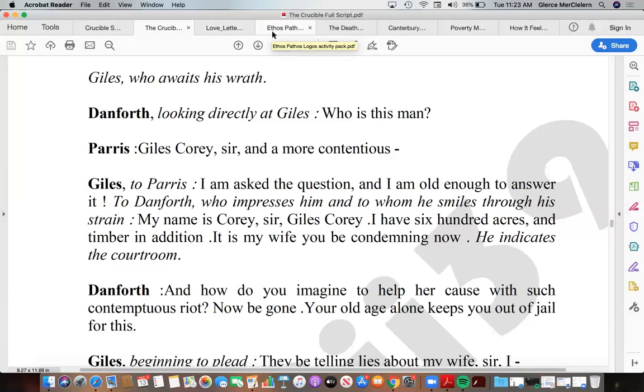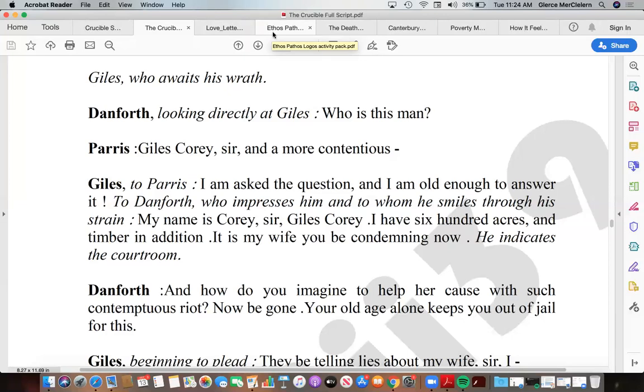I am asked the question, and I am old enough to answer it. My name is Corey, sir. Giles Corey. I have 600 acres and timber in addition. It is my wife you be condemning now.